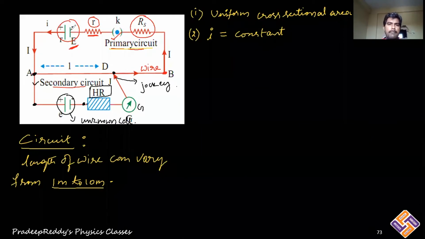That will remain the same. So if I want to calculate this current I passing through the wire, I can be written as I is equal to standard EMF E divided by internal resistance r plus external series resistor Rs plus resistance of the wire AB. This is current passing through the wire AB.